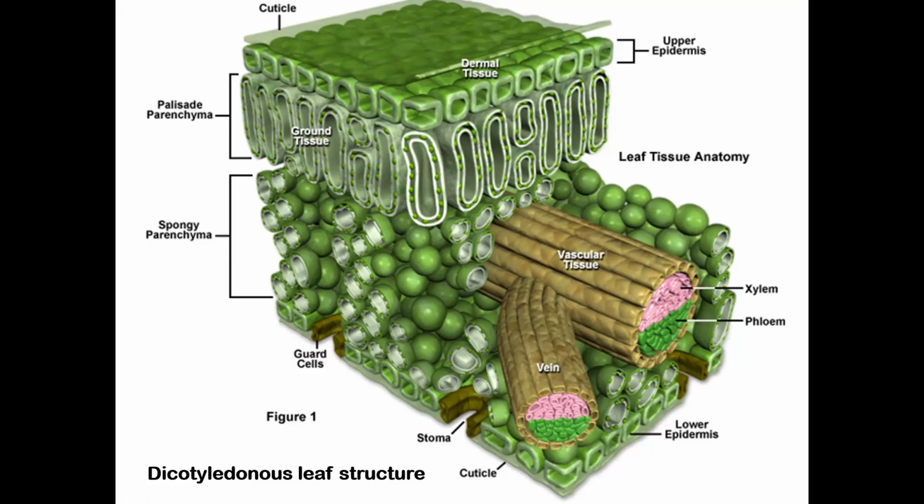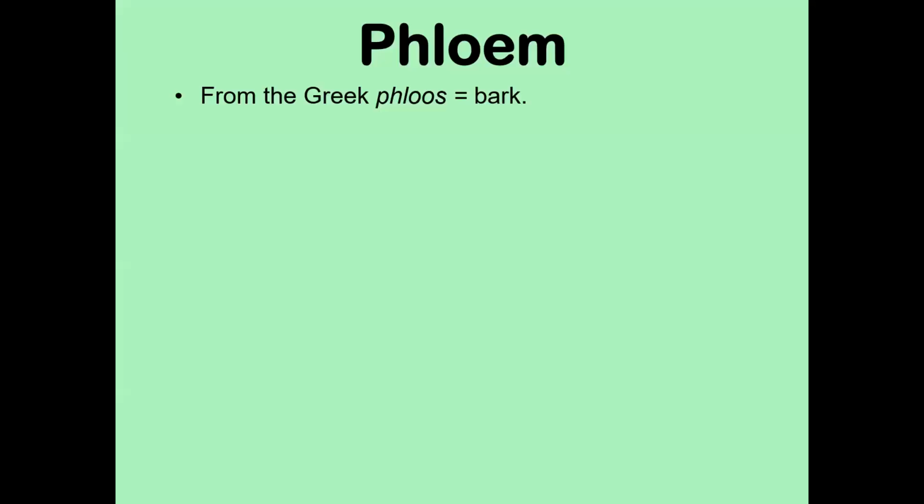Under normal conditions, it's not a problem. Under arid conditions, it's a major problem. And then you've got your vascular bundles here, the xylem and the phloem. So this is a very good indication of what it's like. Each of these cells has the chloroplasts, and the whole system produces glucose. That's the purpose of photosynthesis, and we'll get to that in a second.